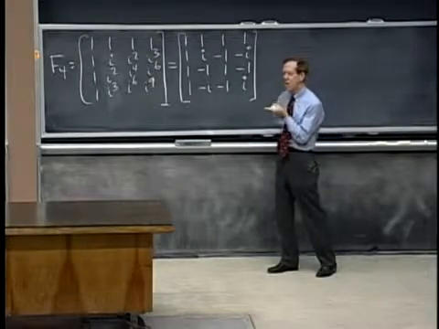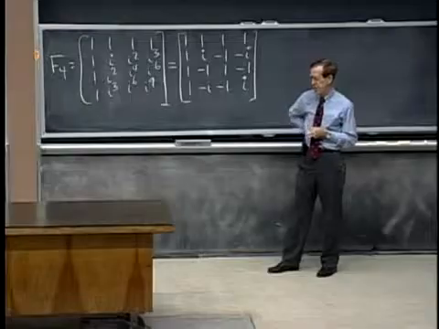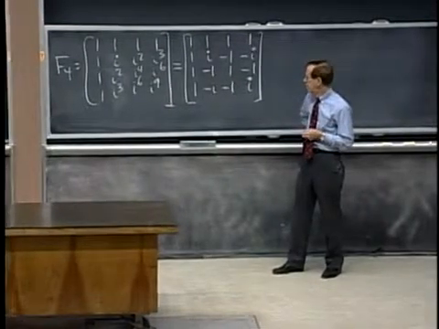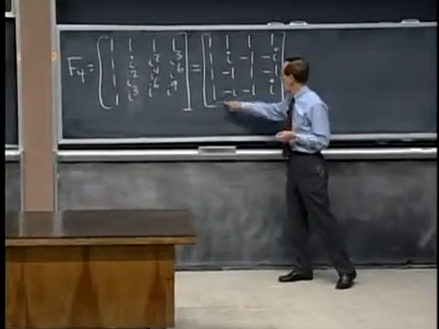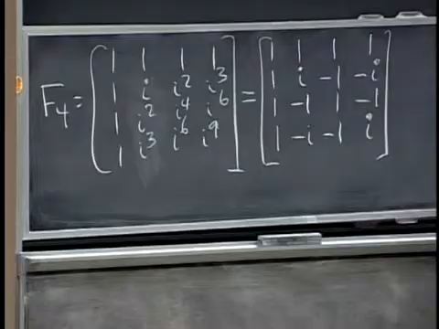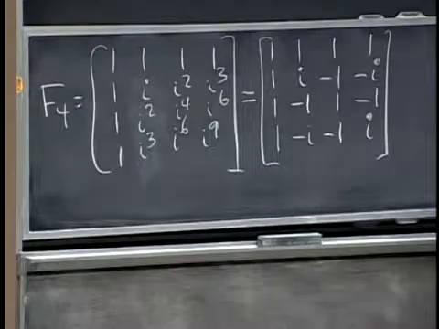Because the columns are orthogonal. Can I just check that the columns of this matrix are orthogonal? So the inner product of that column with that column is 0. The inner product of column 1 with column 3 is 0.